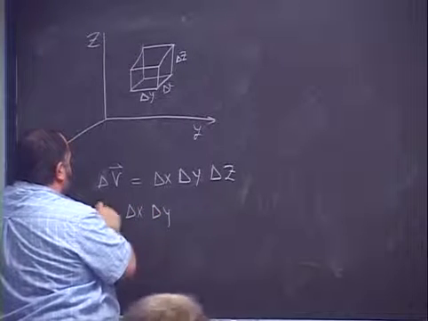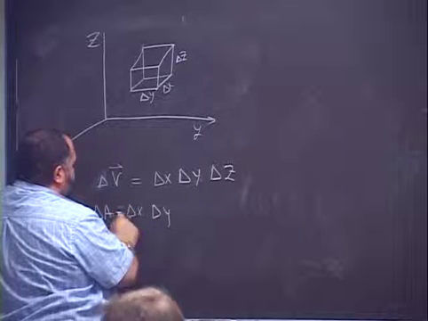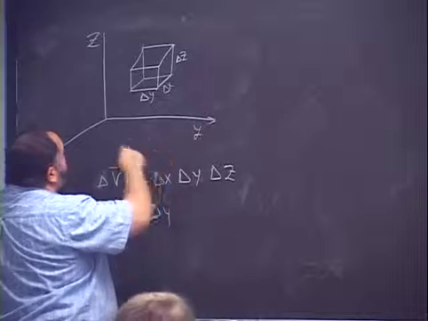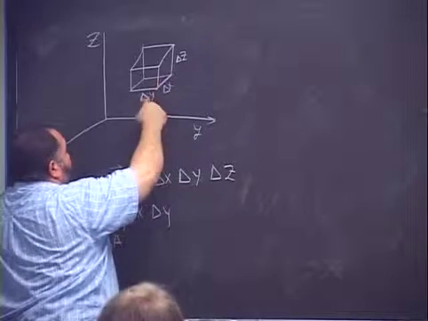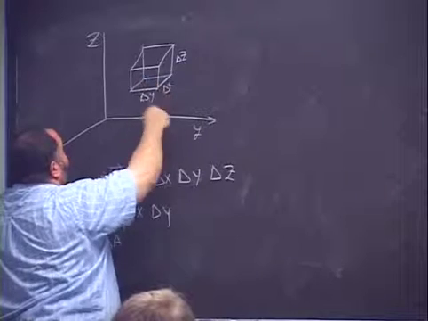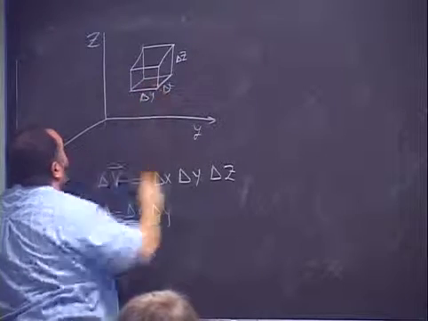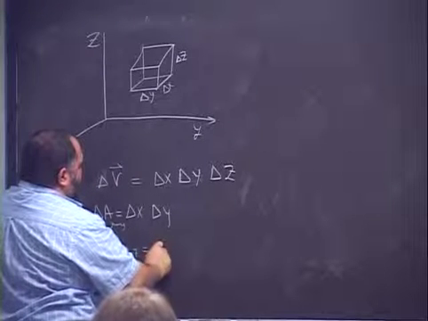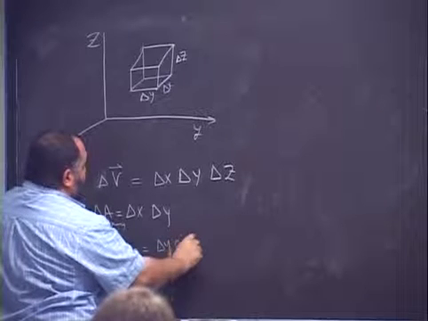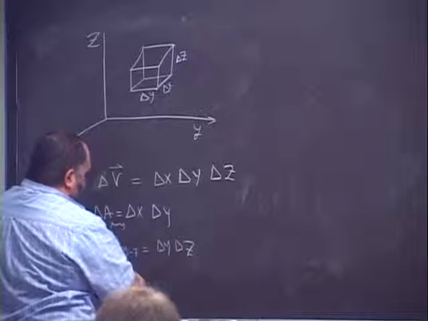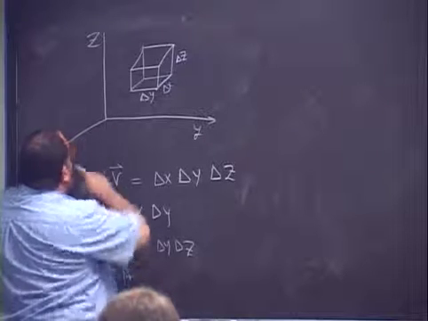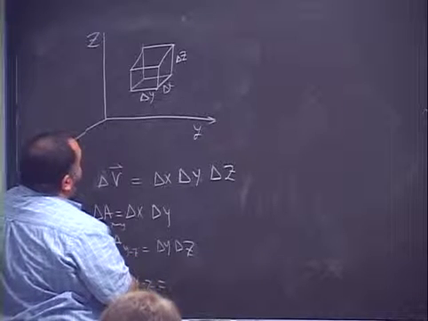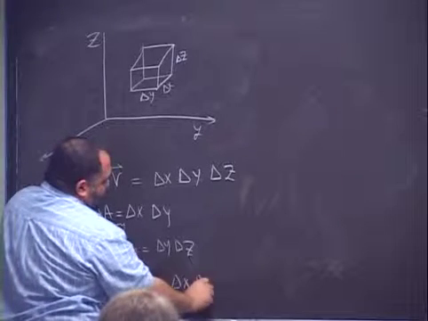The delta area in the yz plane will be delta y, delta z, and the delta area in the xz plane will be delta x, delta z.